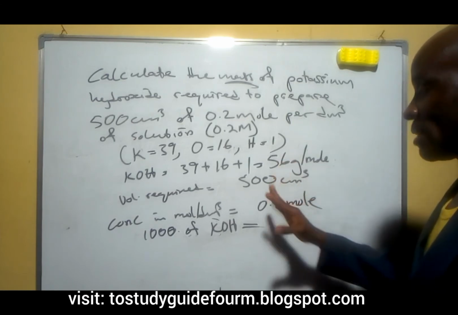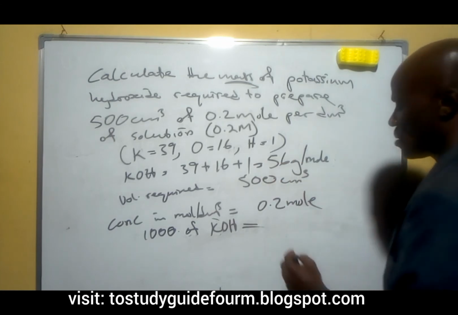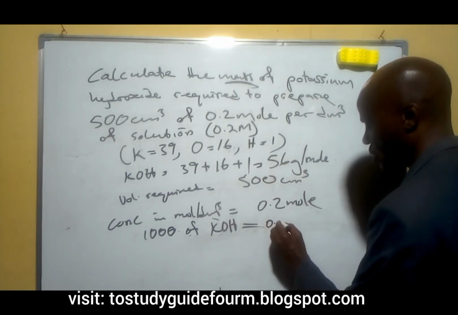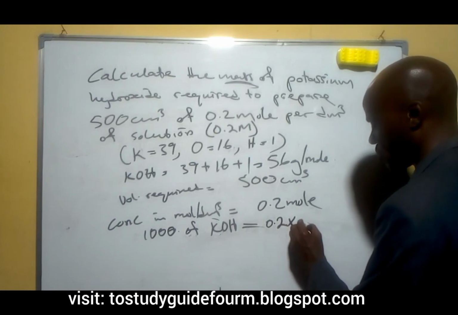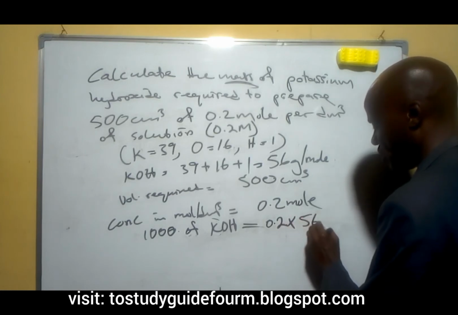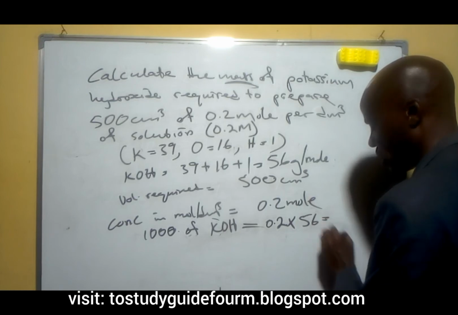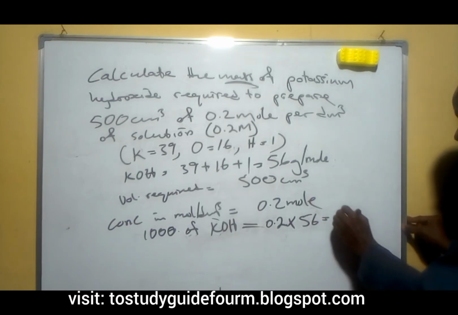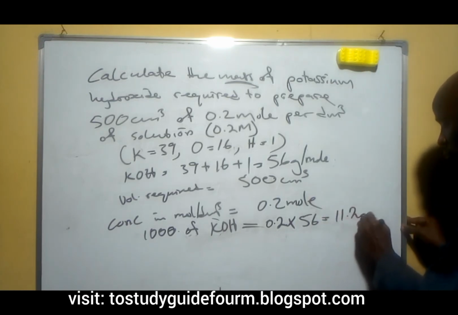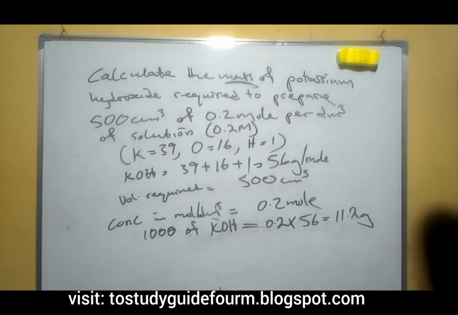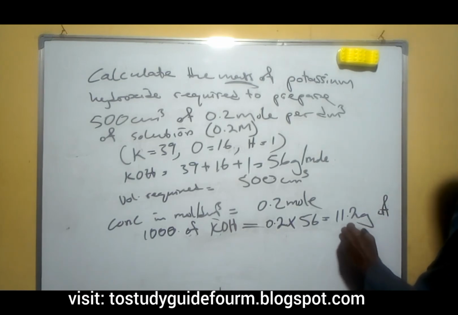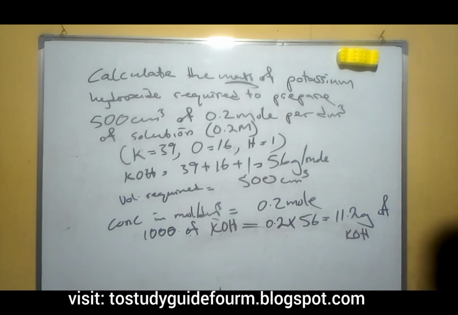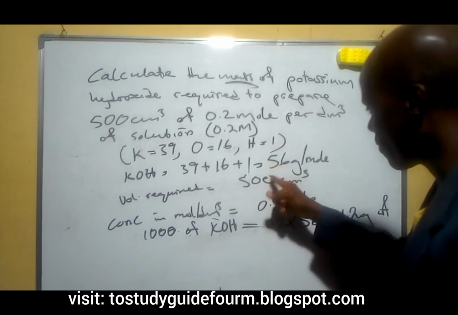So the mass now will be 0.2 times 56. That will give us 11.2 grams of potassium hydroxide.